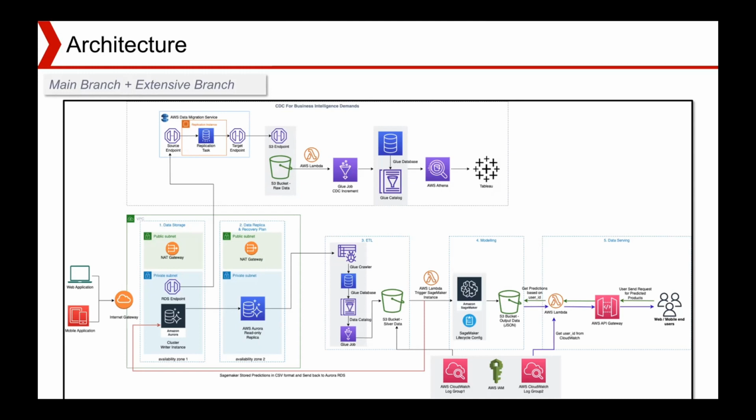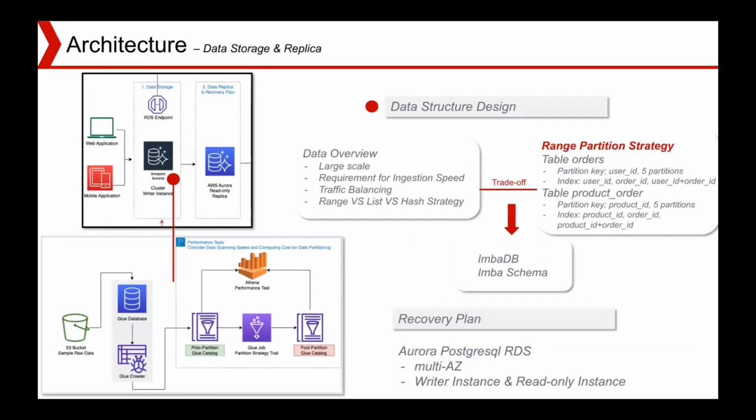So let me explain in more detail our data storage part. For our database design, we have considered performing partitioning for more effective queries in our later project, because our data is large scale and has a high requirement for ingestion speed, and we also need to consider traffic balancing.